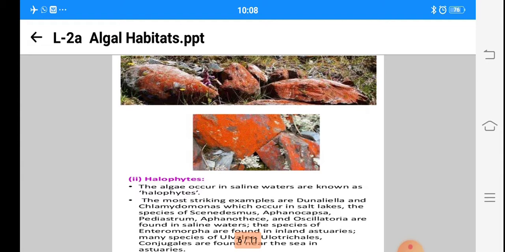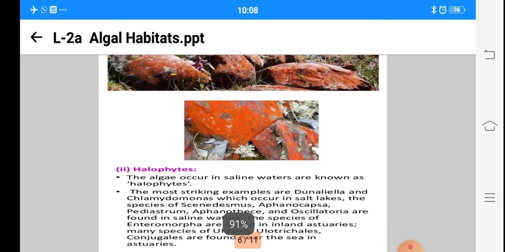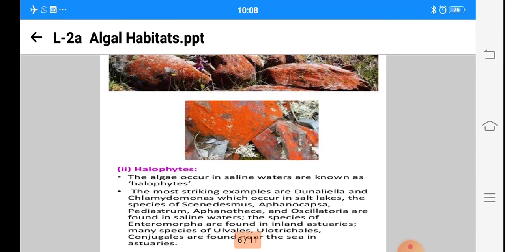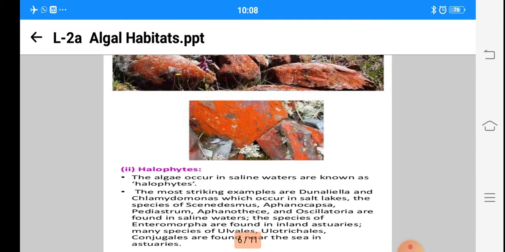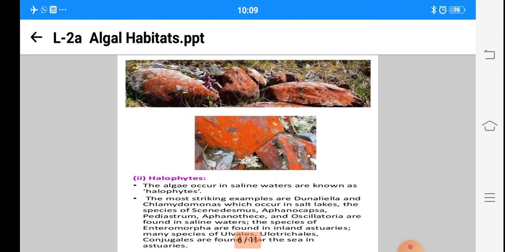Generally in estuarine regions, that is where the river joins the ocean. Then Vaucheria members show that the water temperature is changing. Then Ulvales members are there. All these are reported in the seashore area.